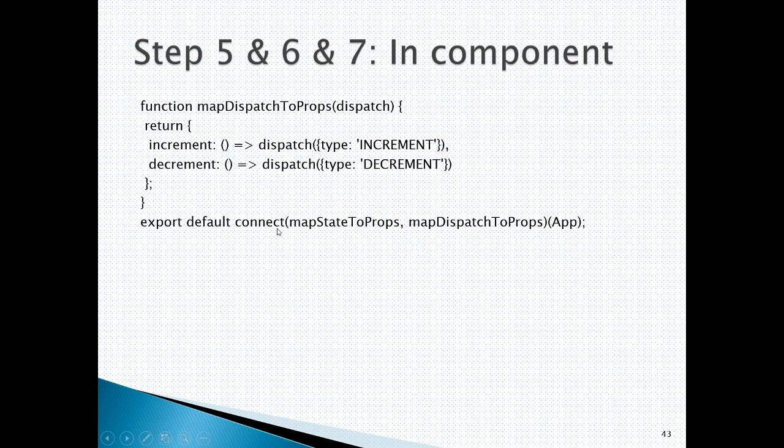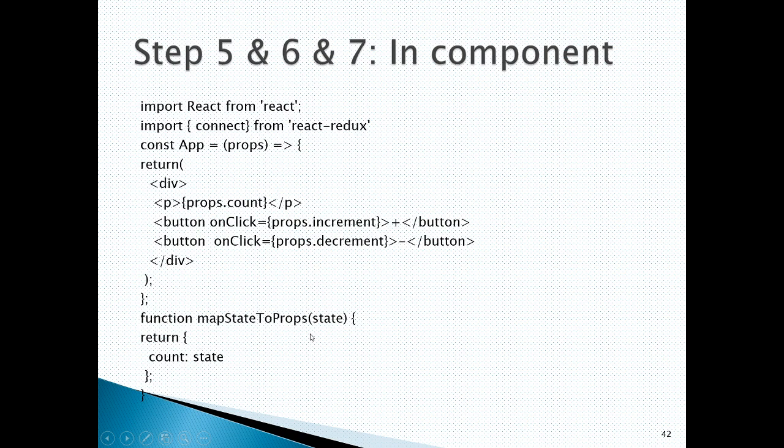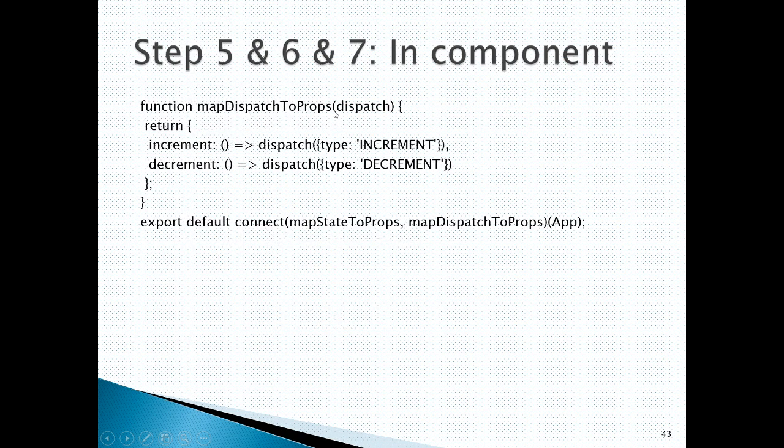And the last thing we need to do is wrap up our application using connect, and in that connect we are providing mapStateToProps and mapDispatchToProps, the functions which we are using. By using this, our application now is capable of handling states from the store.